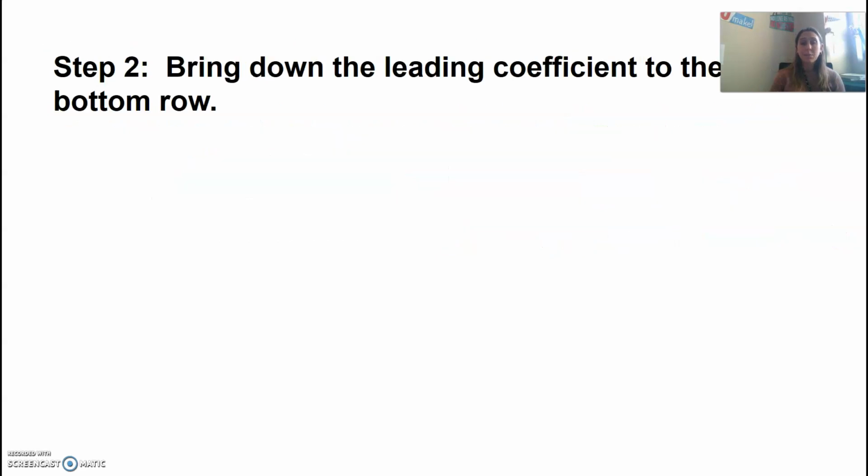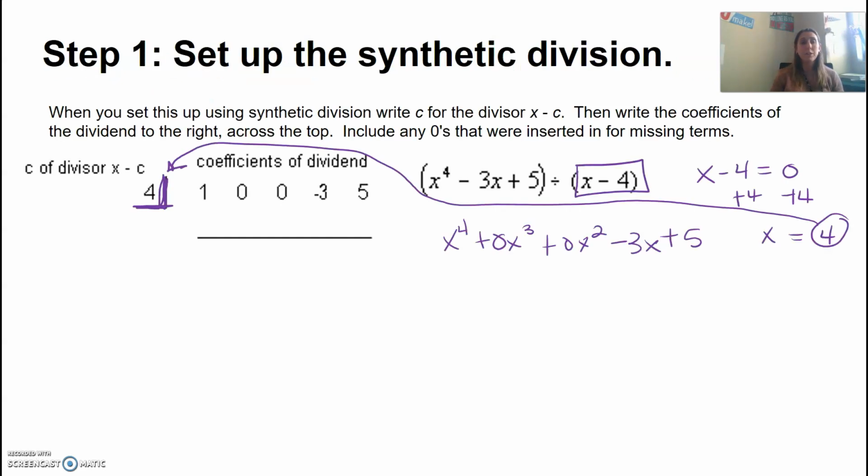The next thing that we're going to do is bring down the coefficient to the bottom row. So we're going to bring this number down underneath it. I like to put a little plus sign there. Oh, and one more thing that you want to add, sorry, I totally forgot: underneath the last column, we're going to put this box here.